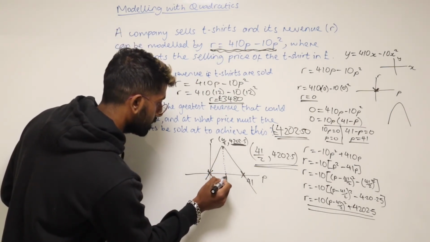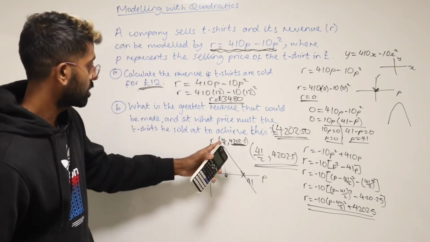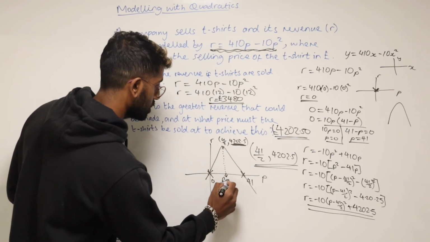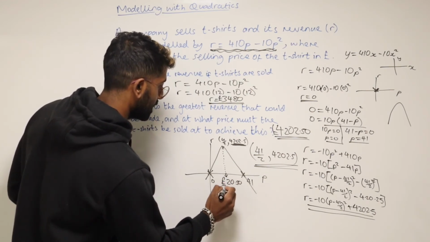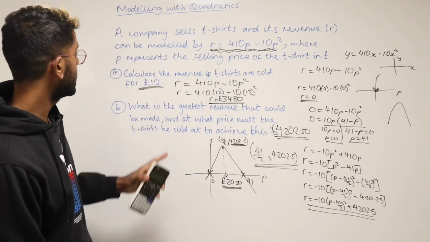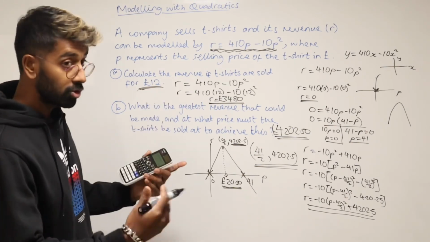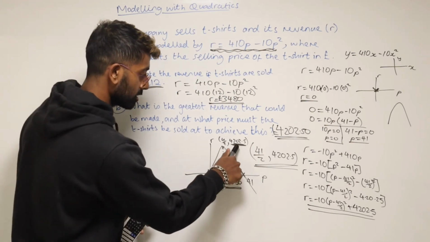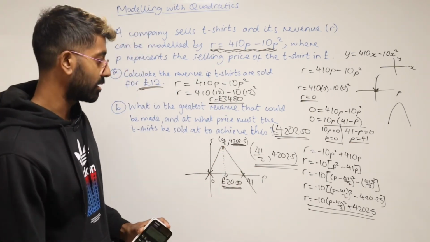If you drop that down here, it's going to be 41 over 2, which is the same as £20.50. So actually, they're selling their t-shirts for too low a price. What they need to do is up it to £20.50, and that's going to give them the maximum revenue that they can make.